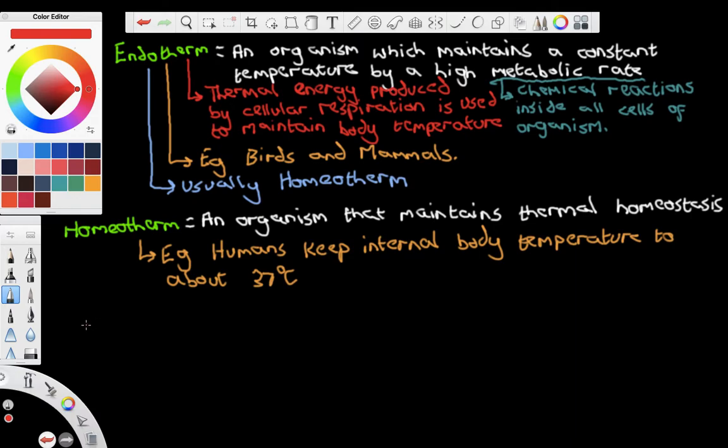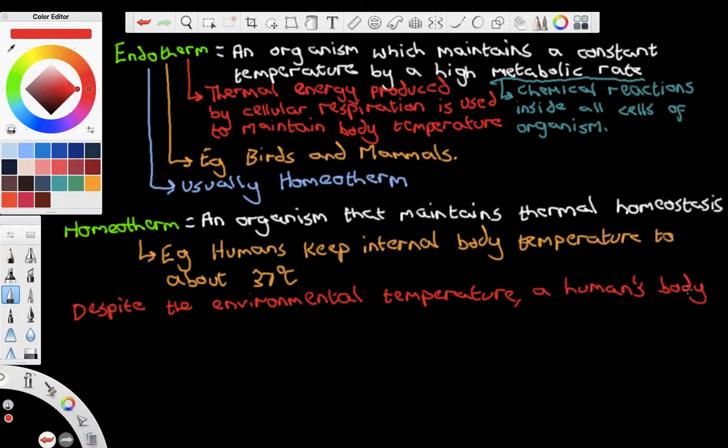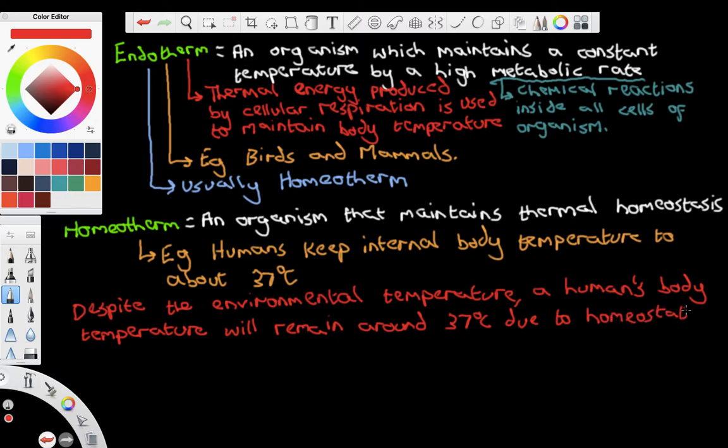So we can say that despite the environmental temperature, a human's body temperature will remain around 37 degrees Celsius due to homeostatic mechanisms.